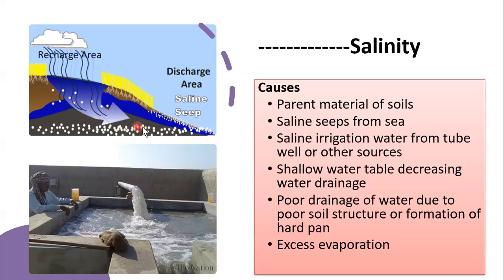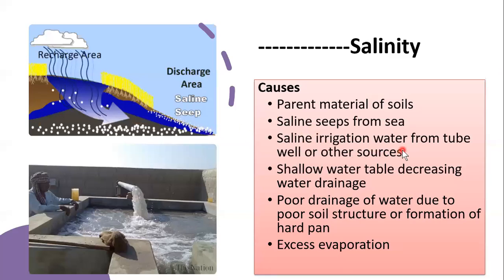The areas near the sea have some kind of seepage of that saline water, which moves in below the soil, and then that can come to the surface of the soil when there is evaporation and high temperature. So these are the saline seeps.